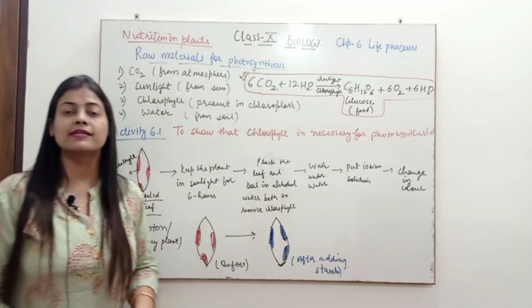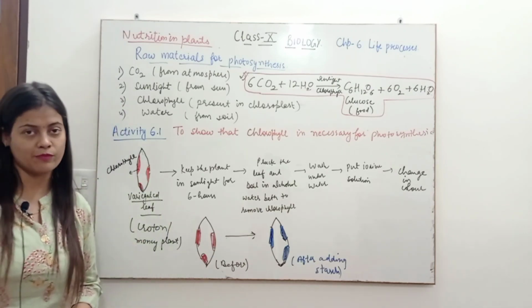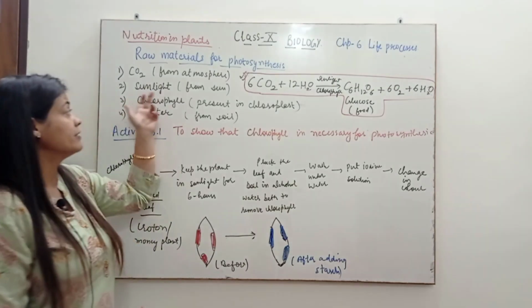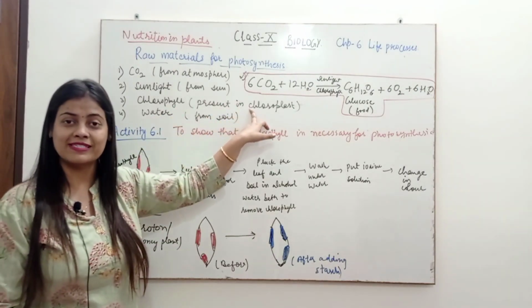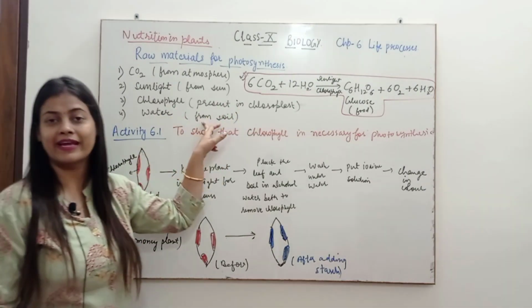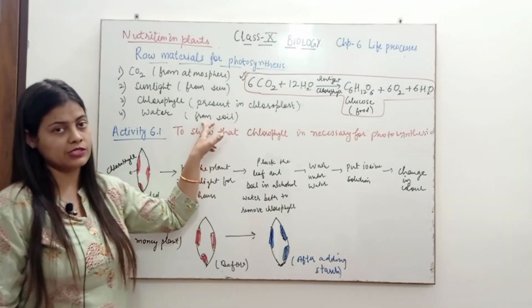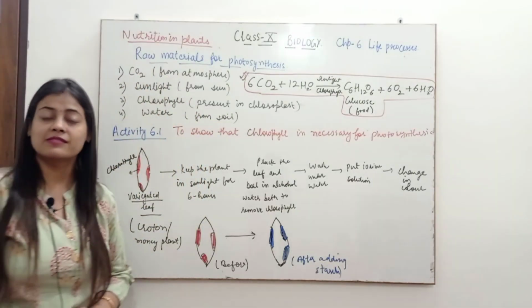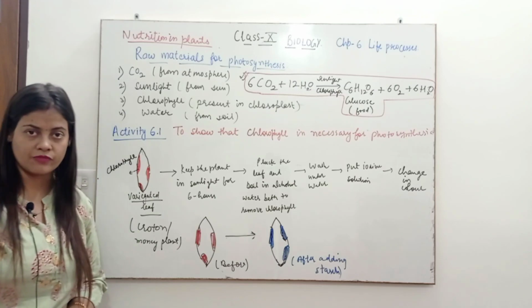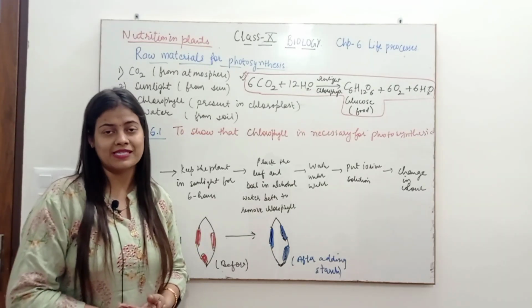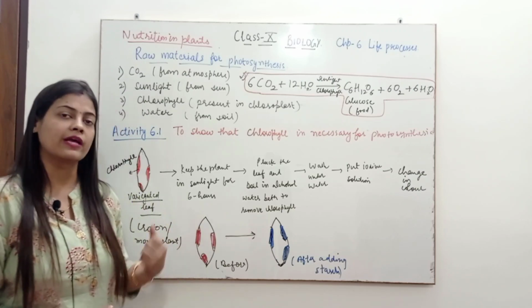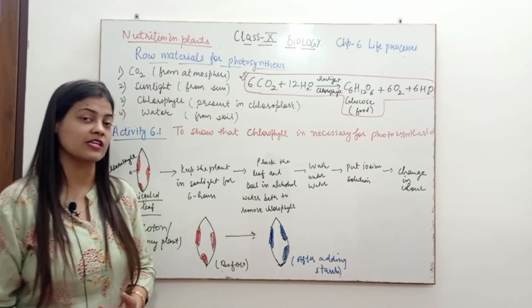Carbon dioxide, the plants get it from the atmosphere, and sunlight obviously from the sun. Chlorophyll is present in chloroplast, and water they get from the soil through roots. Carbon dioxide they get from the atmosphere; in the leaves there are stomata present, which are small pores that help them exchange gases.